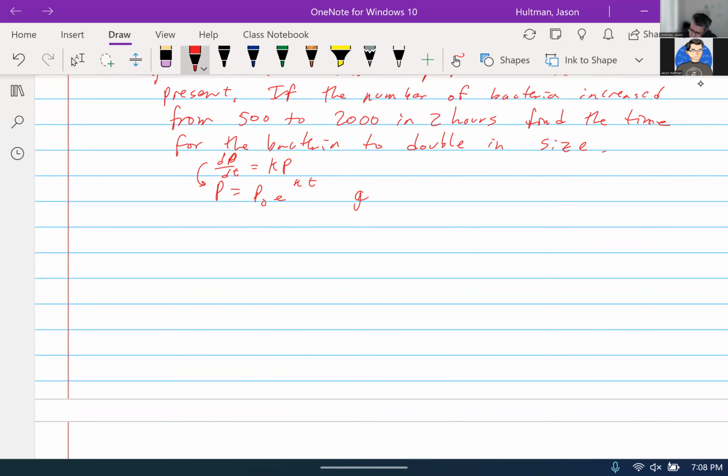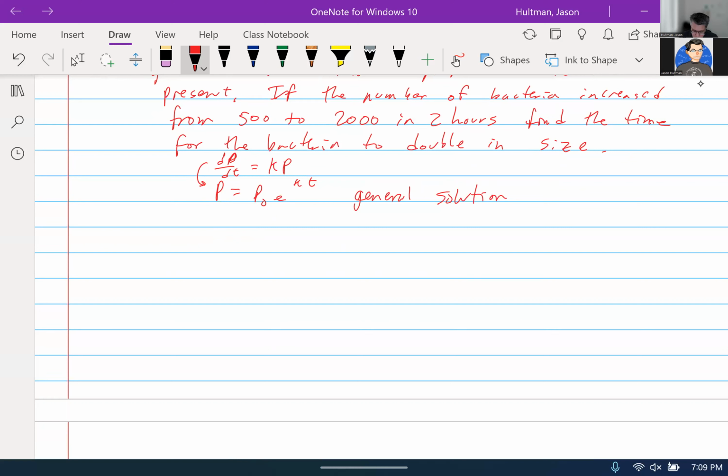This is the general solution to that differential equation. We don't know what P naught is, and we don't know what k is, so those are things that we might need to figure out.